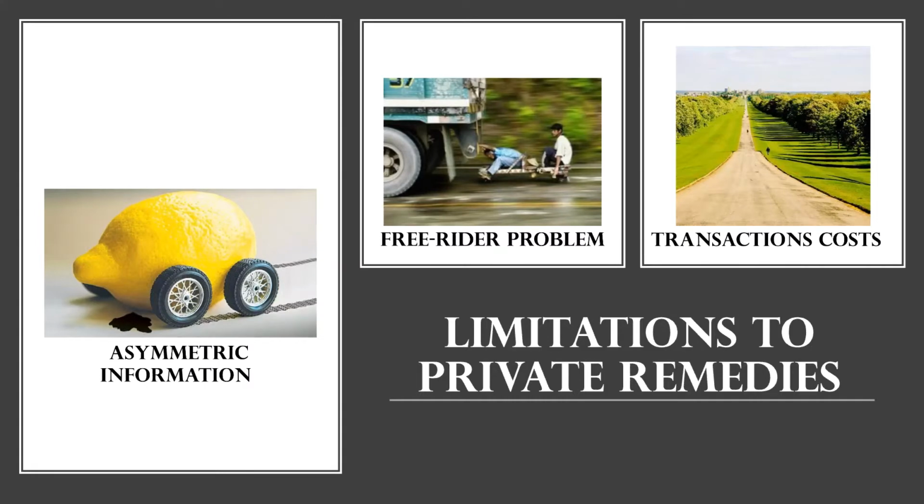You also have the free rider problem, right? The free rider problem makes it also very difficult to arrive at private remedies, because people are always going to find ways to free ride. And so how do you charge everybody for their use of something?